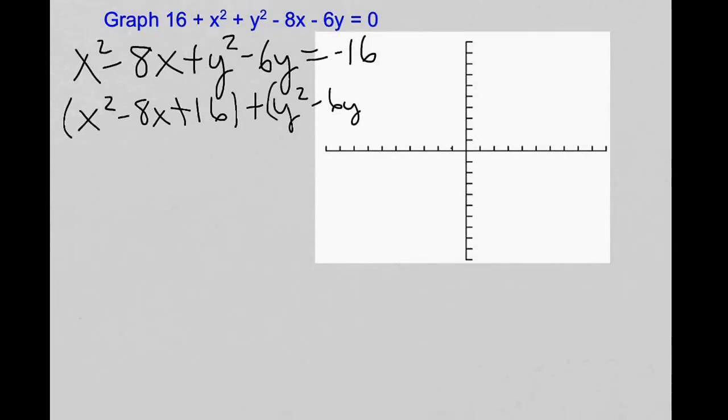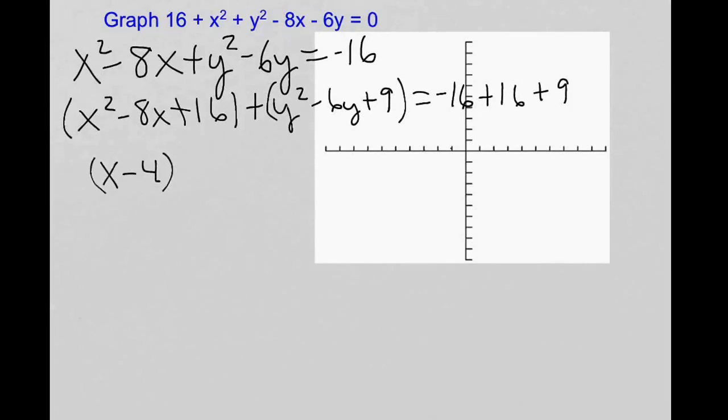Half of 6 is 3 squared is 9, so plus 9. And I have negative 16. Well, I can see I added 16 and I added 9. So that's going to be, factoring this, x minus 4 squared plus y minus 3 squared equals 9.